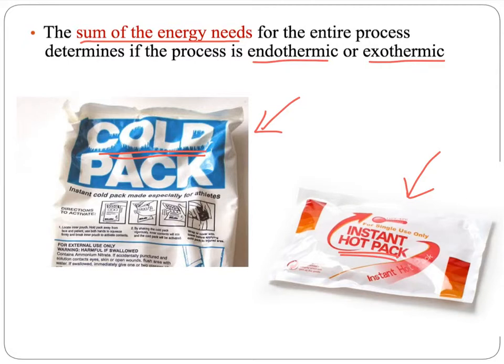And so when we're talking about endothermic and exothermic processes or chemical reactions, we want to differentiate between what's happening in the individual steps that make up the process and what the end result is. Because you can have an endothermic process with an exothermic step and an exothermic process with an endothermic step. It all depends on what the sum is at the end.